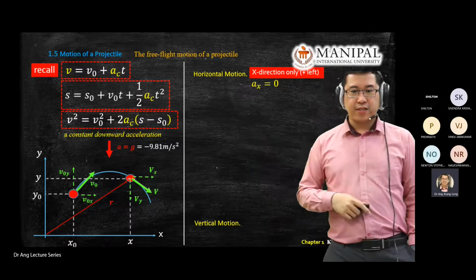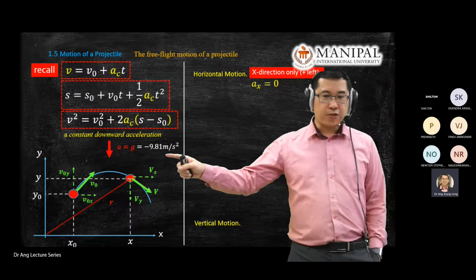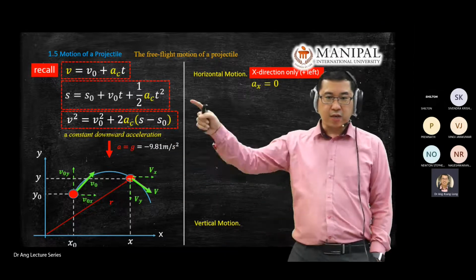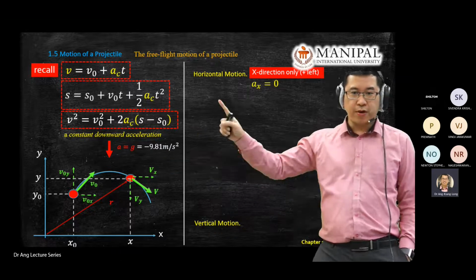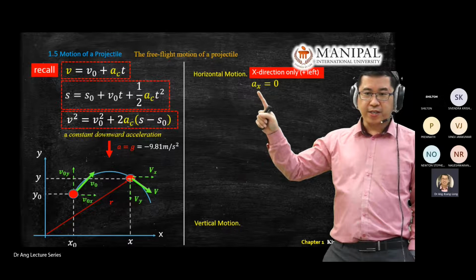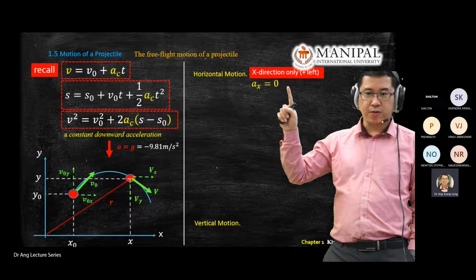First thing to note, this is the hidden information. Because your downward acceleration, your gravity, is going down, there is no horizontal acceleration in the x direction. We write a sub x equals 0.